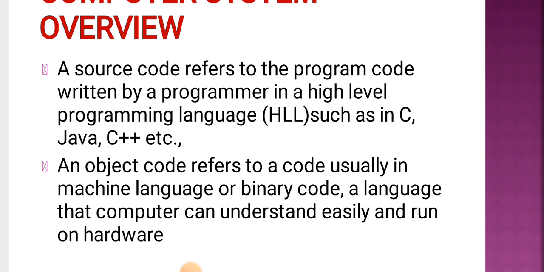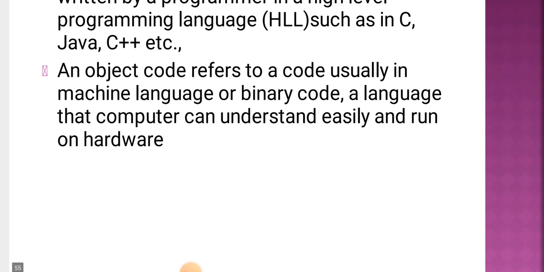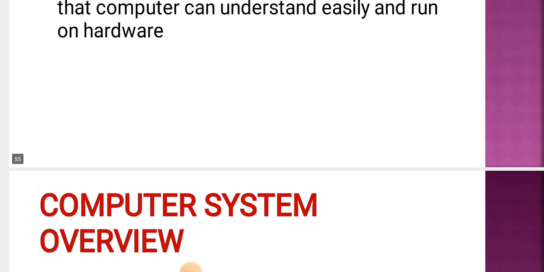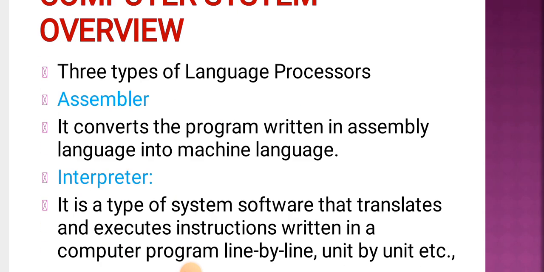So which language the computer knows means that is machine code or binary code. So binary code only the computer knows. Okay, it does not understand the high level language. So we are converting that high level language into machine language or binary code. That is the object code.